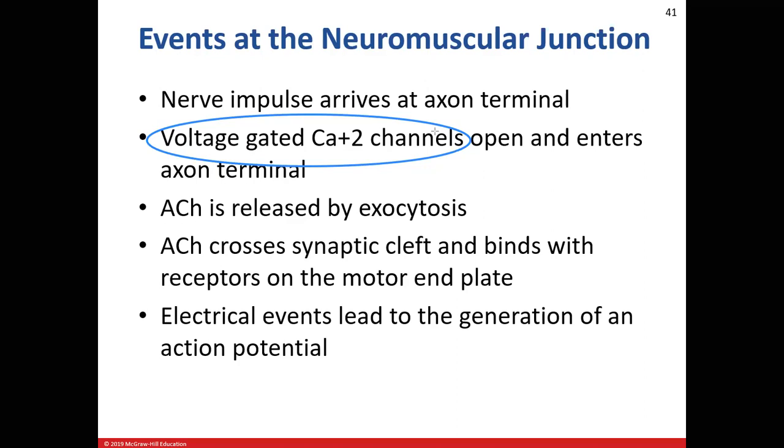This causes acetylcholine to be released by exocytosis from our synaptic vesicles, which are the structures that contain the acetylcholine. The acetylcholine then crosses the synaptic cleft and binds with the receptors on the motor end plate. These electrical events are then going to lead to the generation of an action potential, and we'll talk about those steps coming up.